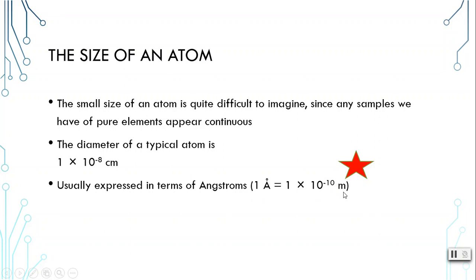Not so much in this chapter, but in subsequent chapters, we'll be using the term angstrom when talking about sizes of atoms. You should add this conversion to your repertoire of conversion units, being able to convert between angstroms and meters. So the size of an atom is on the order of 10 to the negative 10 meters.